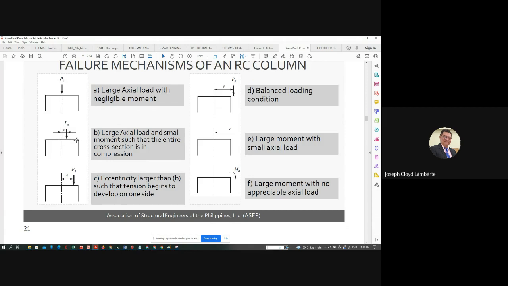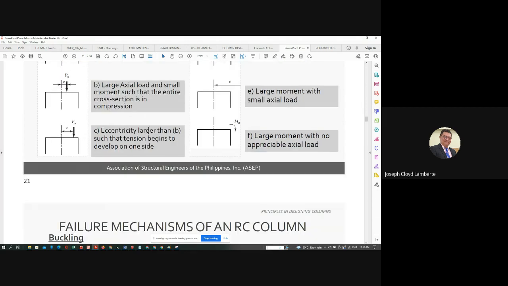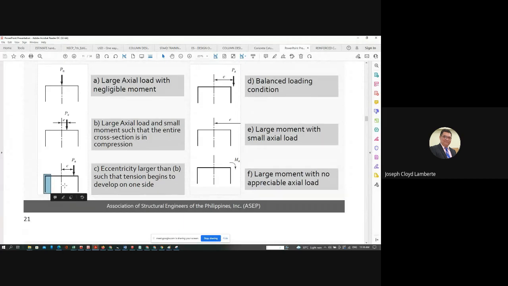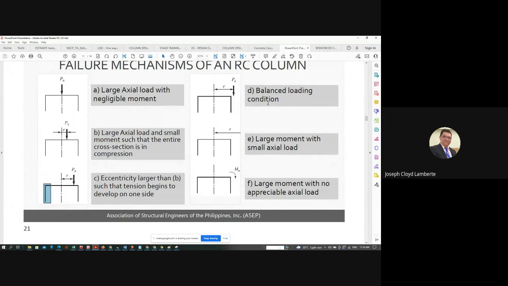Third, eccentricity larger than before such that tension begins to develop on the other side. Repeat, tension is created. Then the balance loading condition. The balanced loading condition has something to do with eccentricity or strain, which we will discuss later.